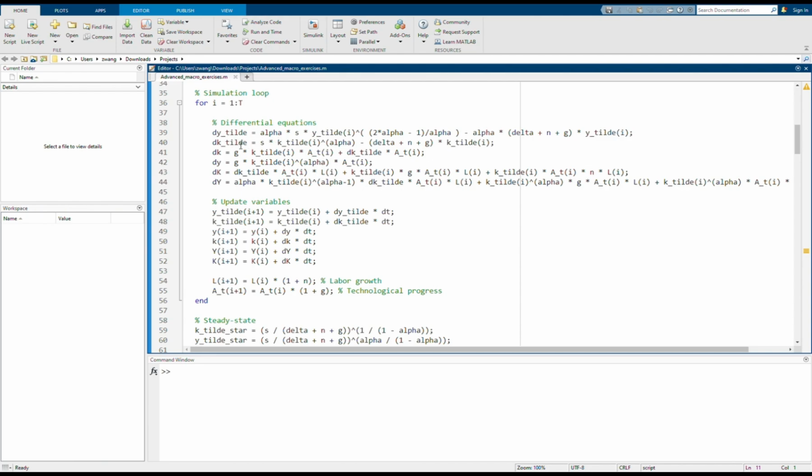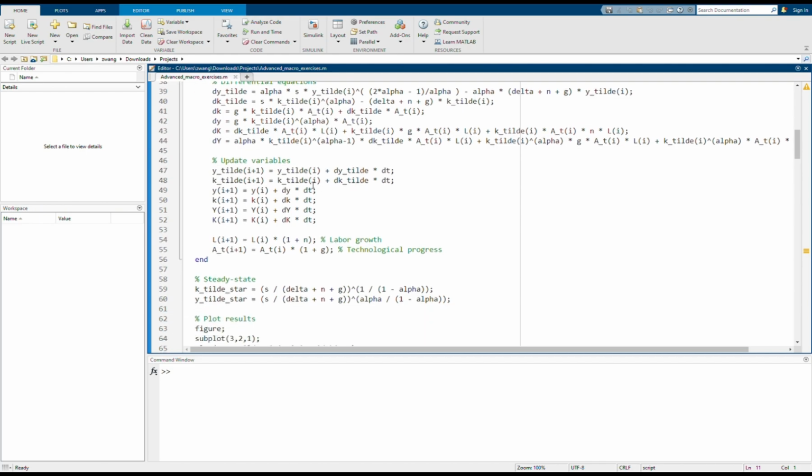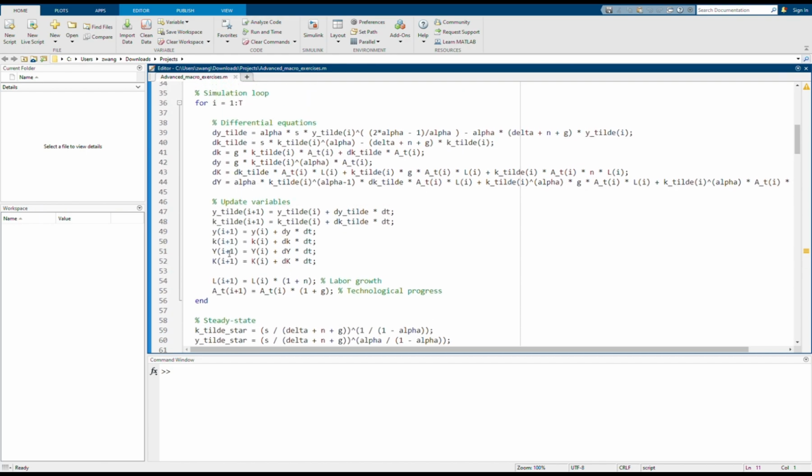We are interested in y tilde and k tilde, the output and capital per efficiency unit, and k and y, the output and capital per worker. The capital K and Y is the aggregate capital and output. Then we need to update these 6 variables accordingly.